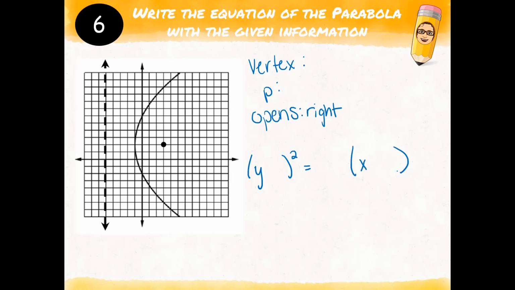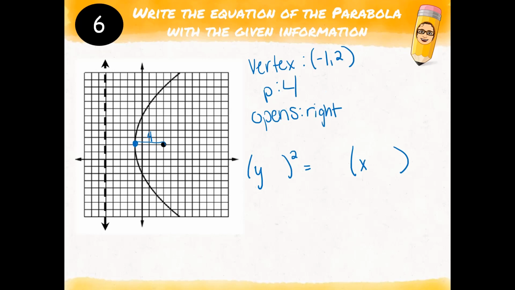There we go. Let's find the vertex. That's this dot right here. They mark it in the graph. What meanies? Negative 1, positive 2 is that vertex. My p-value, remember that is vertex to focus or vertex to directrix. So that would be a 1, 2, 3, 4, distance of 4 here. So my p-value is 4.